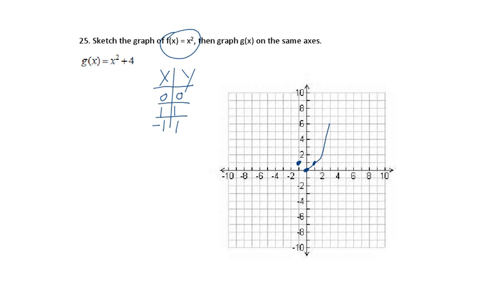And x squared always looks like the letter U. When you have a plus 4, that just means all points move 4 up. So 1, 2, 3, 4, there's a point. 1, 2, 3, 4, there's another. 1, 2, 3, 4, there's another. And that's your graph.